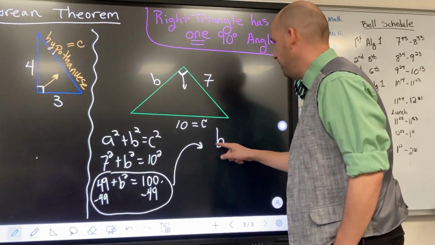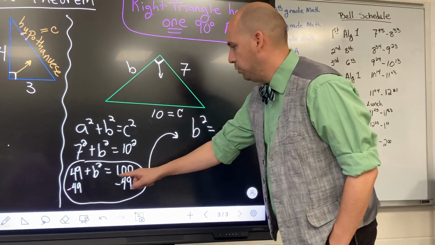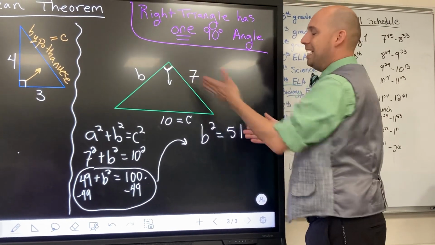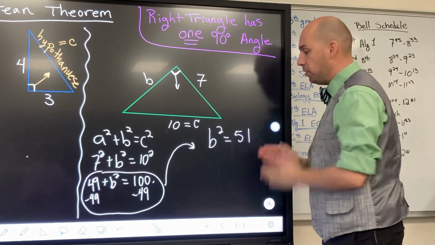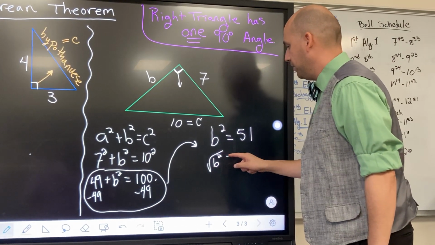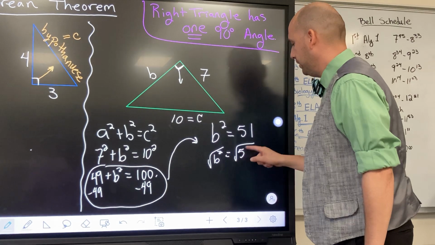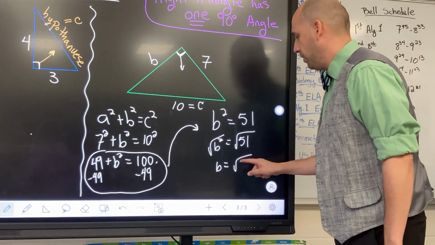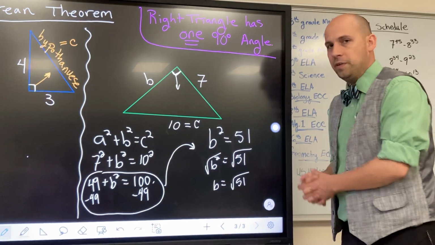So B squared is equal to 51. And again, I don't know what that side is until I take the square root of both sides. So I'm going to take the square root of B squared and the square root of 51, and I get B is equal to the square root of 51. And that's where I'm going to stop.